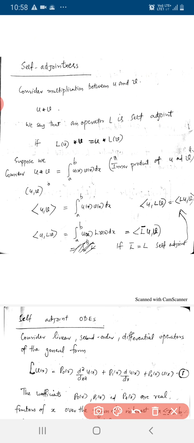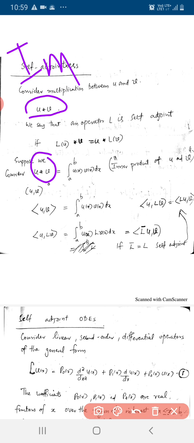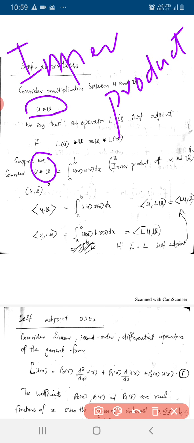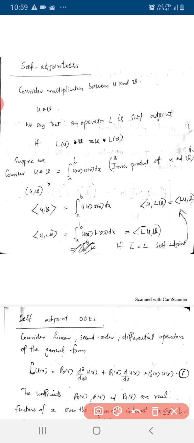Now suppose, instead of such simple products, we are considering the inner product of u with v, and that is defined like this: the inner product of u and v is the integral from a to b of u of x v of x dx.